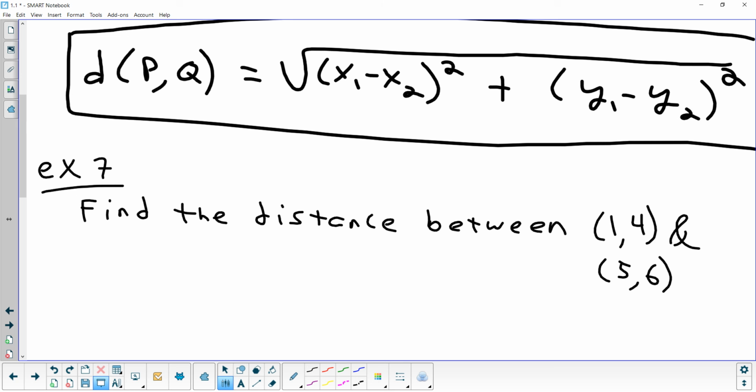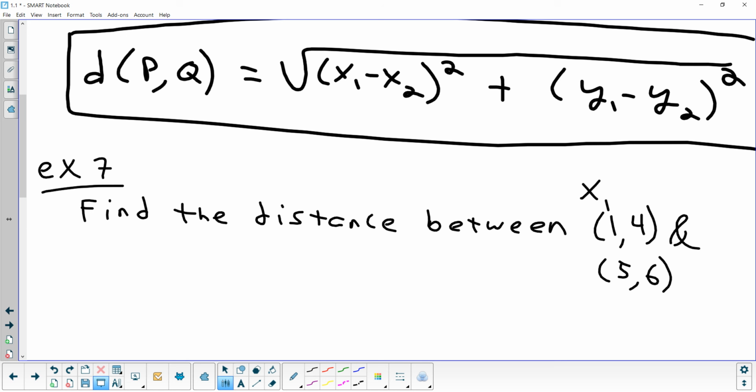You actually have a choice. What could we label the number 1 as? Yeah? X1 or X2. Right now it could be either one. Once we decide what we want it to be, then everything else only has one name. There's no other choices. Let's call it X1.